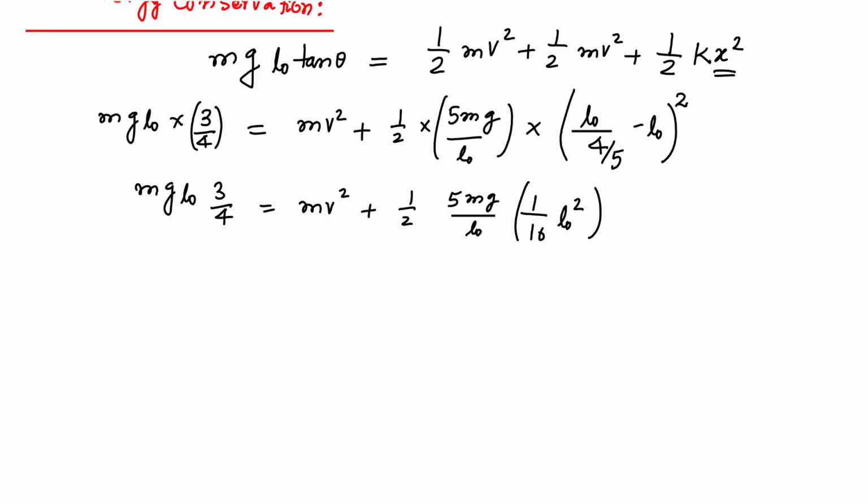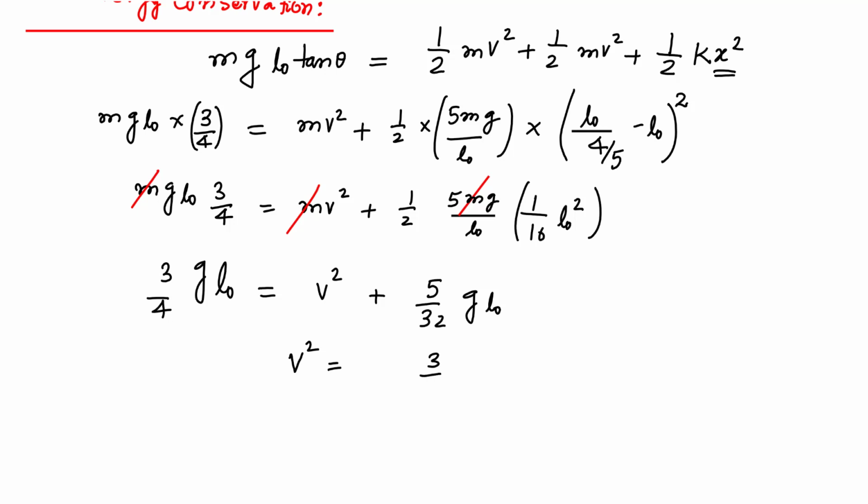So let us cancel the term m. m gets cancelled out. So we will have 3 by 4 g L naught equal to v square plus 5 by 32 g L naught. If this goes to this side, I can say v square is 3 by 4 minus 5 by 32, and I can take g L naught common.